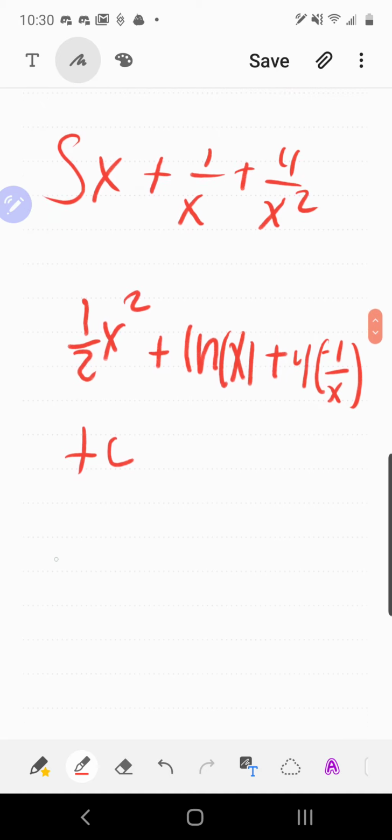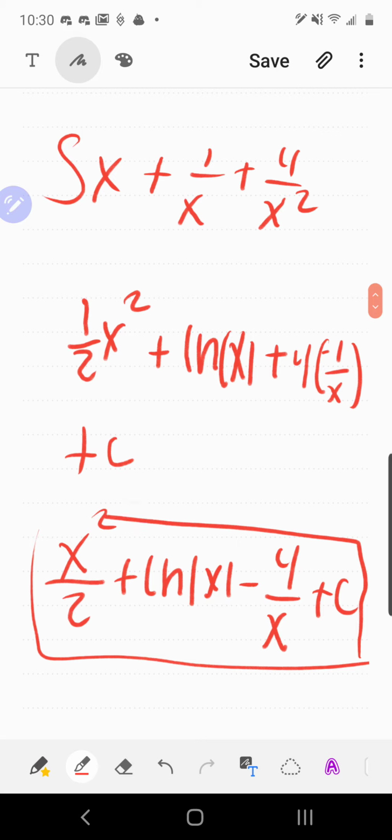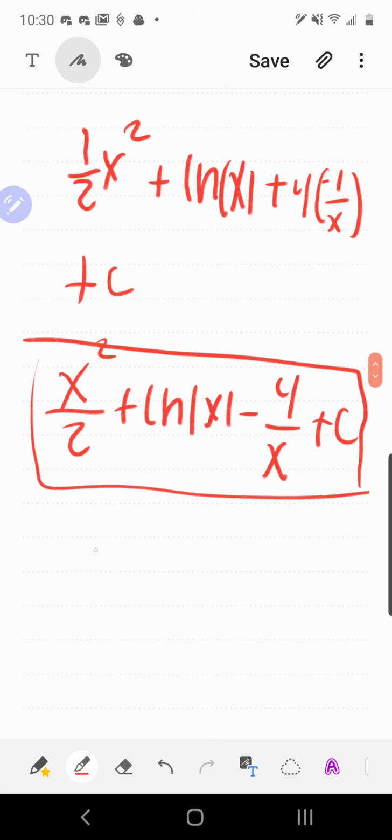So to simplify, this is going to be x squared over 2 plus natural log of x minus 4 over x plus c. This is answer choice D. Awesome.